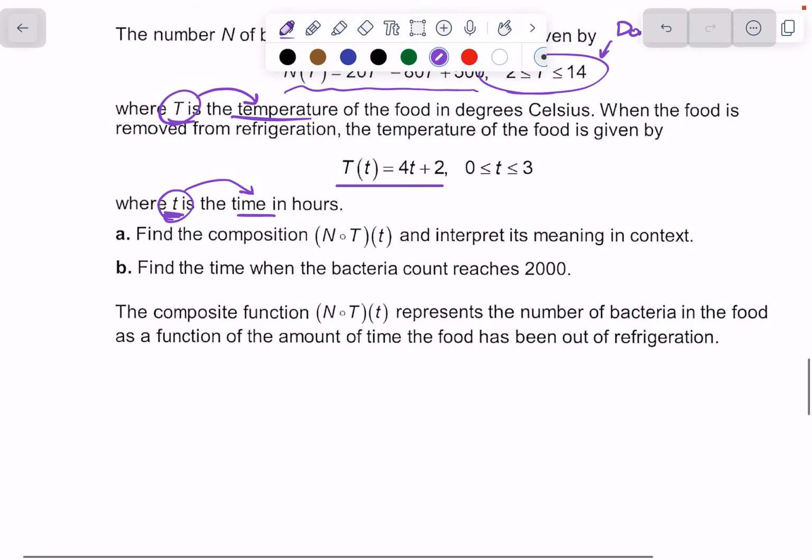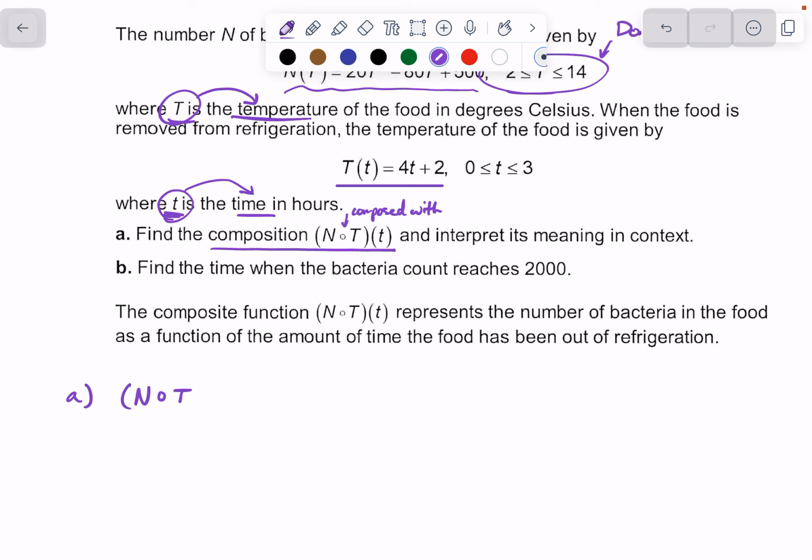So part A, find the composition. N of t of little t, right? Or we would say N composed with capital T. So let's do it. Very simple, right? And if you ever forget, just go back to the formula for composition.